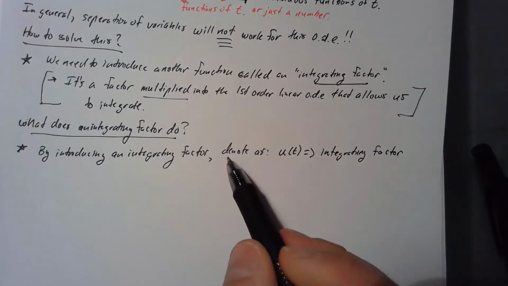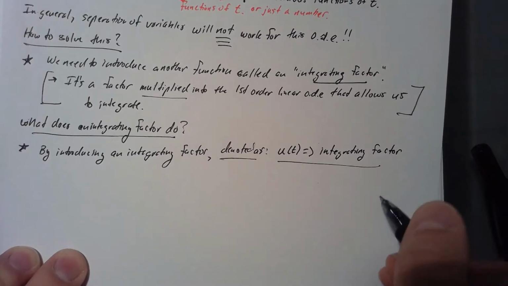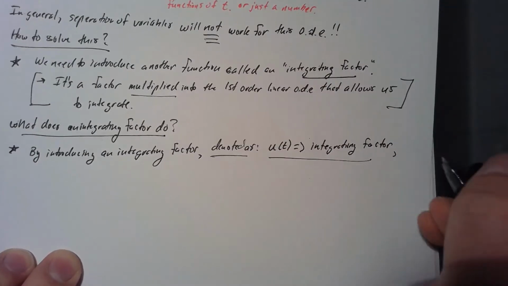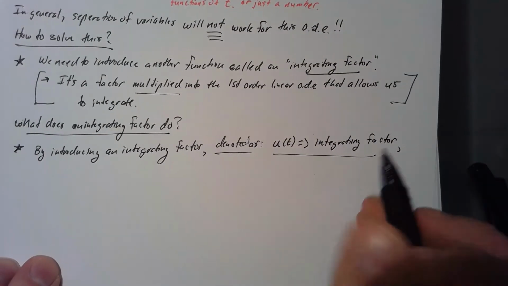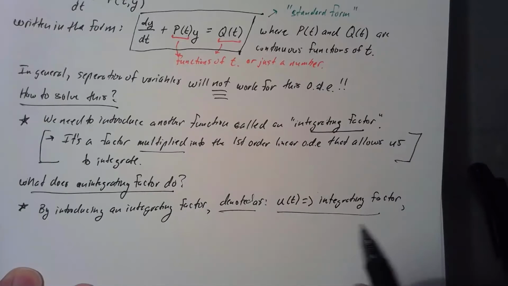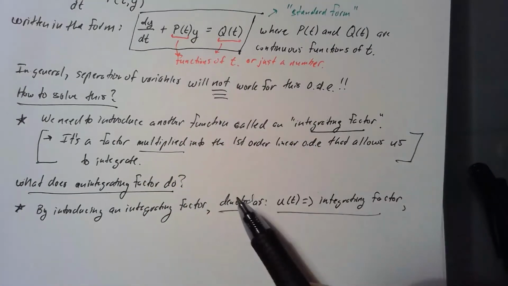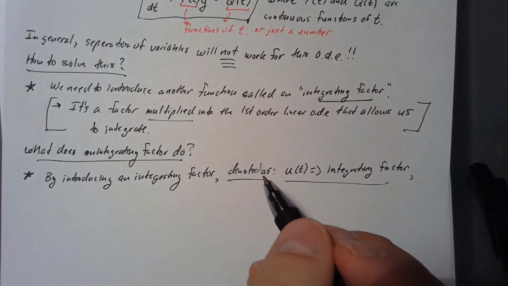So by introducing an integrating factor, denoted as this, and we'll talk about how we find it in a minute. By introducing this, like I said up here, I'm going to multiply it to both sides of my equation.